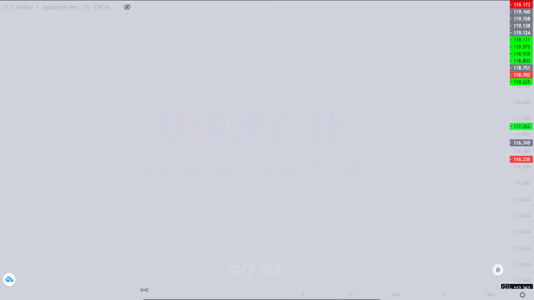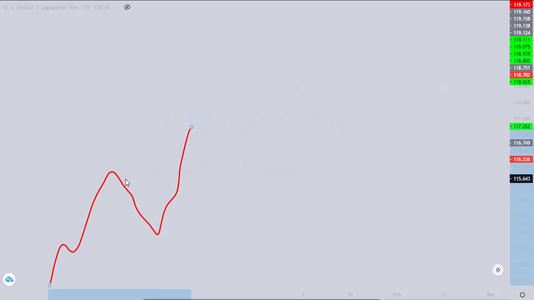Now, if you want to understand the structure, you have first of all to be able to identify where the market is coming from and where it is heading to. So let's say the market is pushing higher and it retraces and then pushes higher.